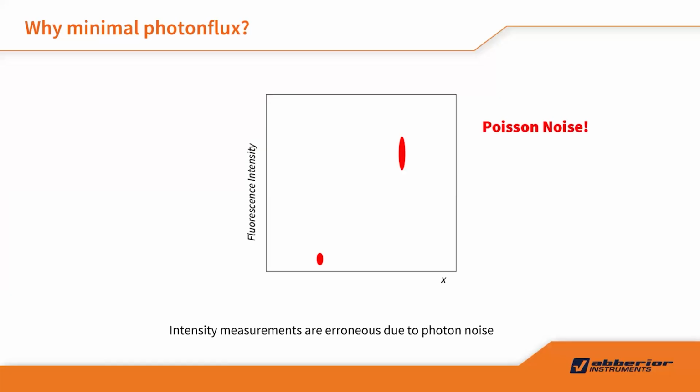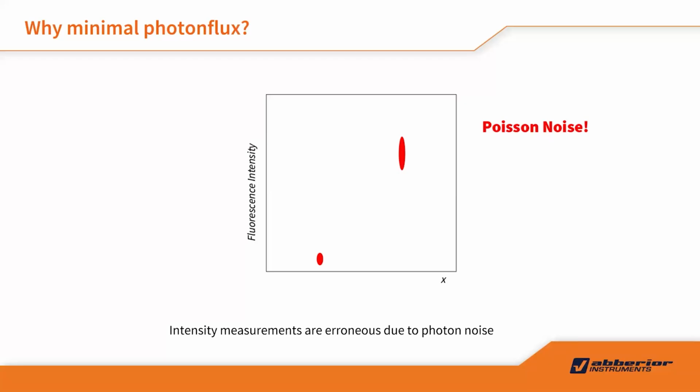The range of the Poisson noise is related to the signal intensity. In other words, if you have a high fluorescence signal intensity, the range of the Poisson noise is large. If you have a low intensity, the range of the Poisson noise is small.